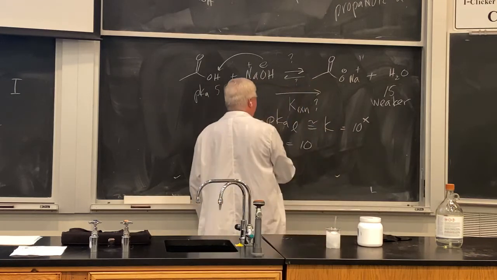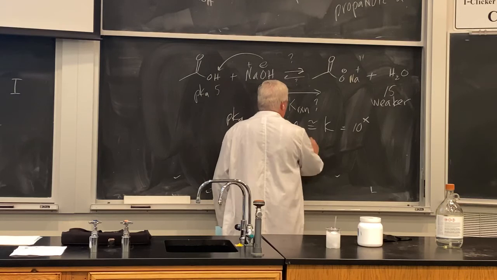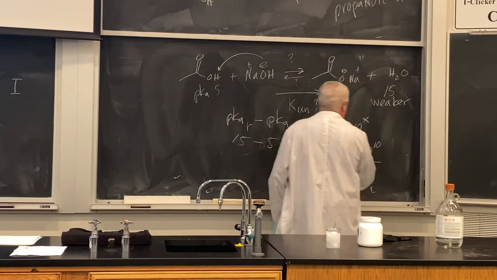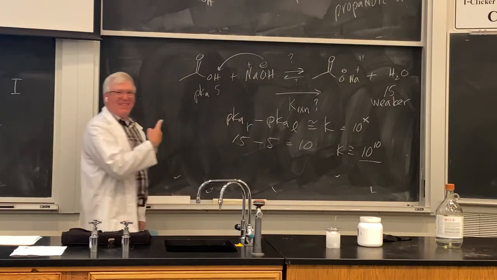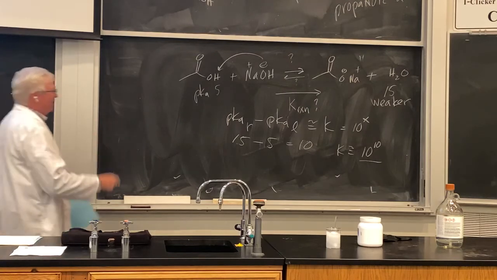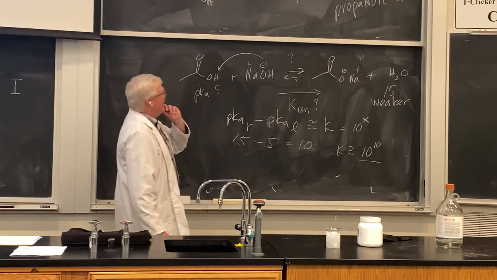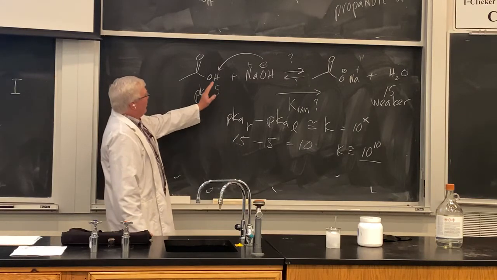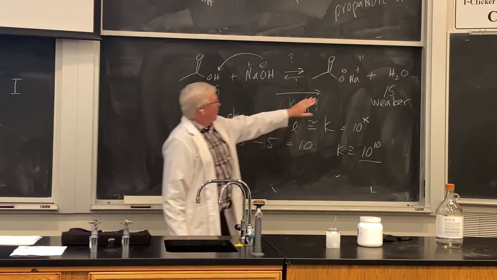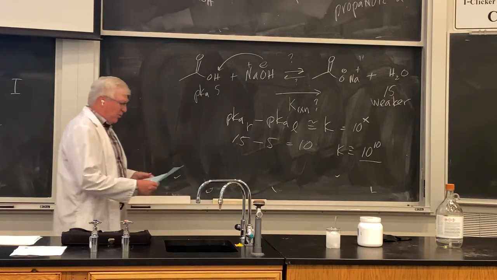So K equals approximately 10 to the 10 for this reaction. Remember, it's a log scale, so these are huge numbers. So we took the log of the result here of the difference. And so what does this mean? It means it strongly favors the thing to the right. So here's sodium acetate, okay? So that's the first reaction we're going to look at.